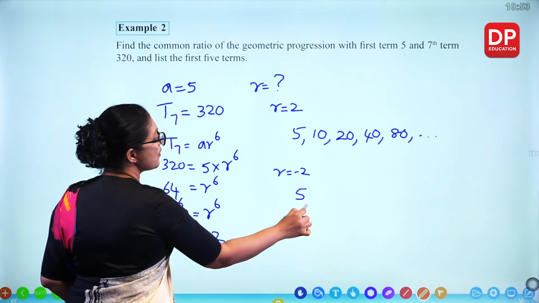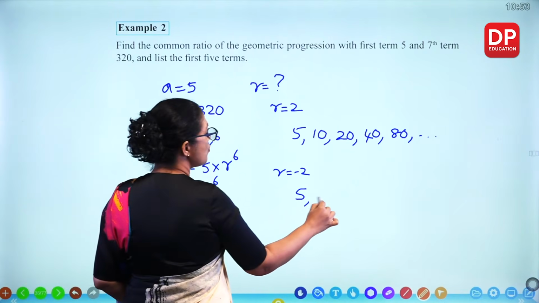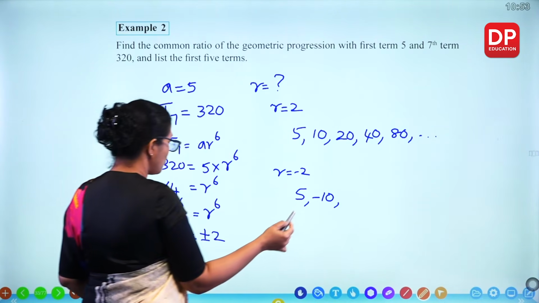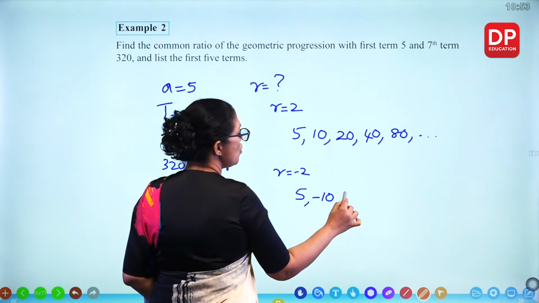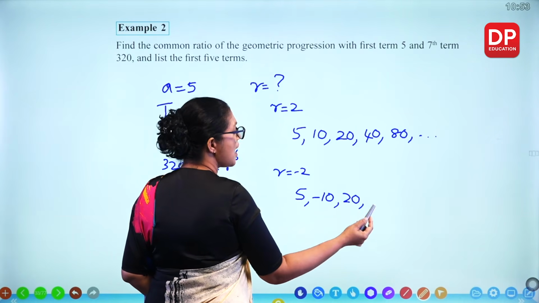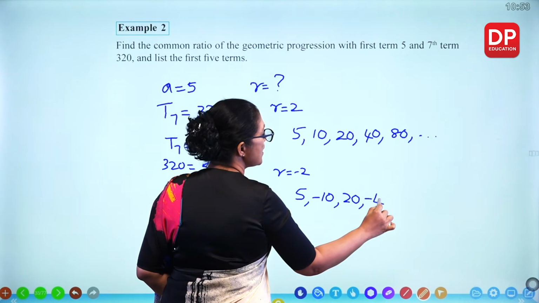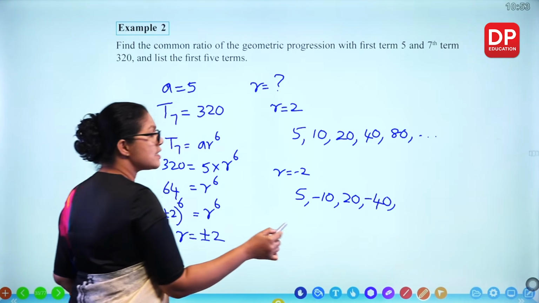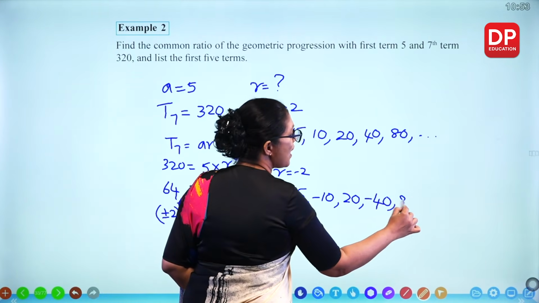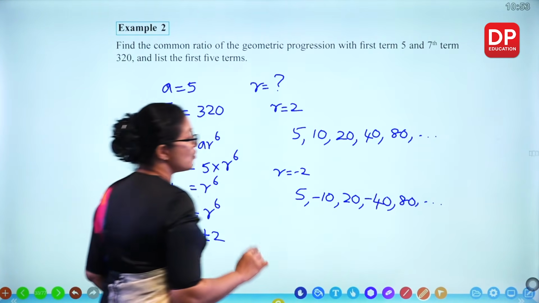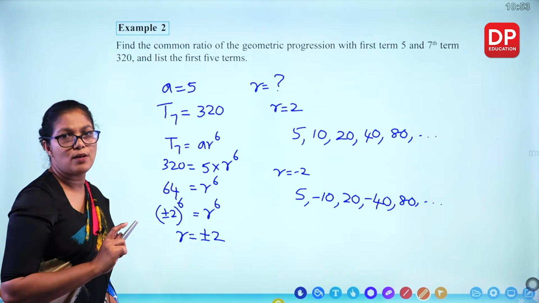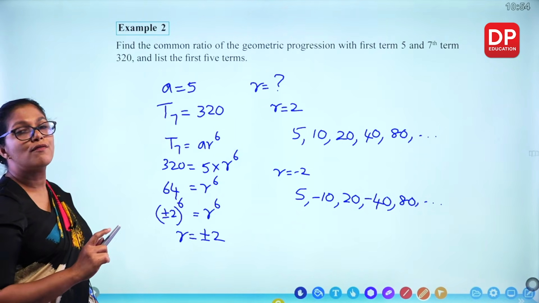Starting from 5. 5 times minus 2, you get minus 10. Minus 10 times minus 2, plus 20. Plus 20 times minus 2, minus 40. Minus 40 times minus 2, plus 80. So you need to write both the sequences to get full marks.